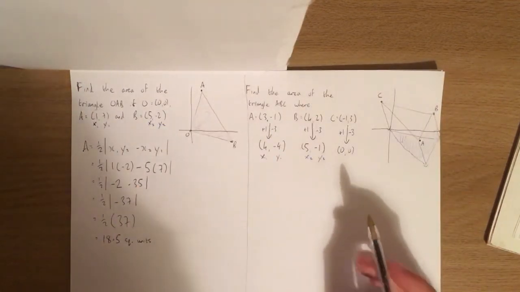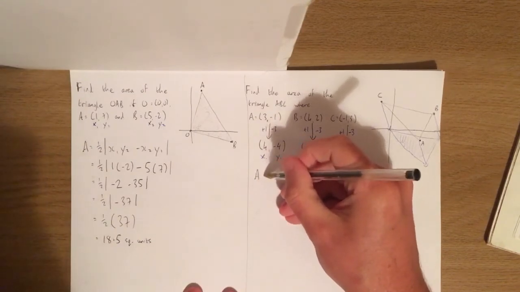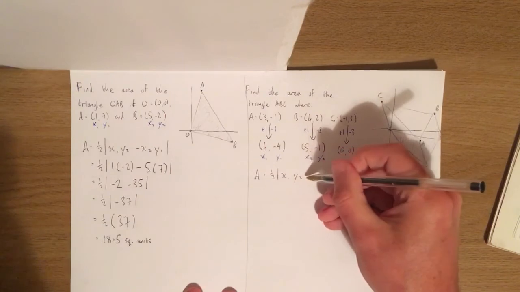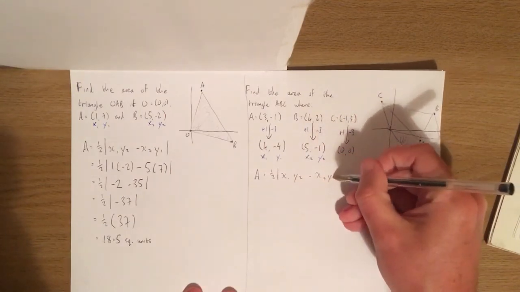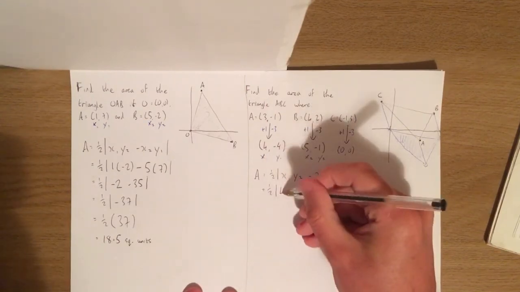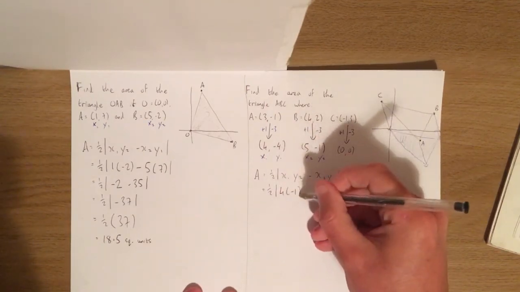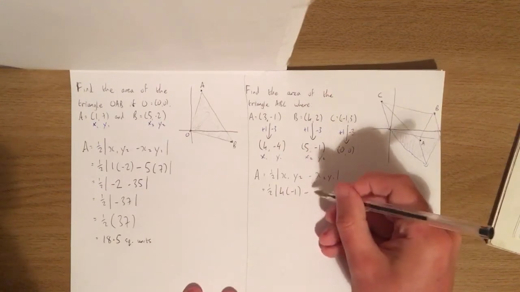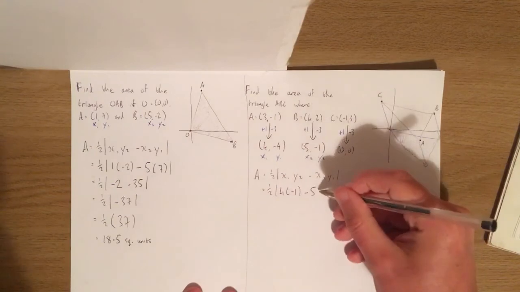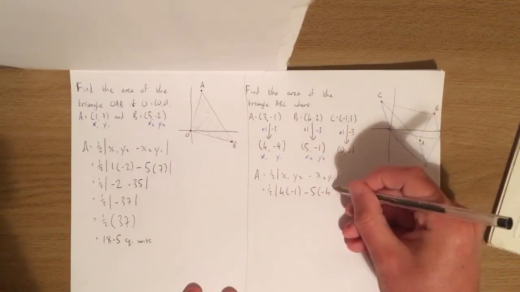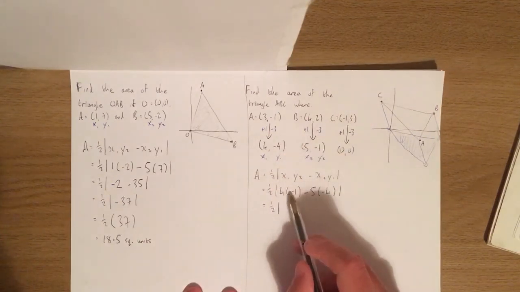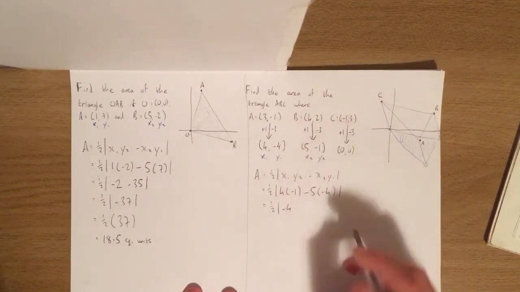Now it's just like the other example. Area is equal to a half of x1 y2 minus x2 y1. So that is a half, x1 is 4 times y2 is -1, minus x2 is 5 times y1, which is -4. Let's just be careful with double negatives here. So this is a half: 4 times -1 is -4.